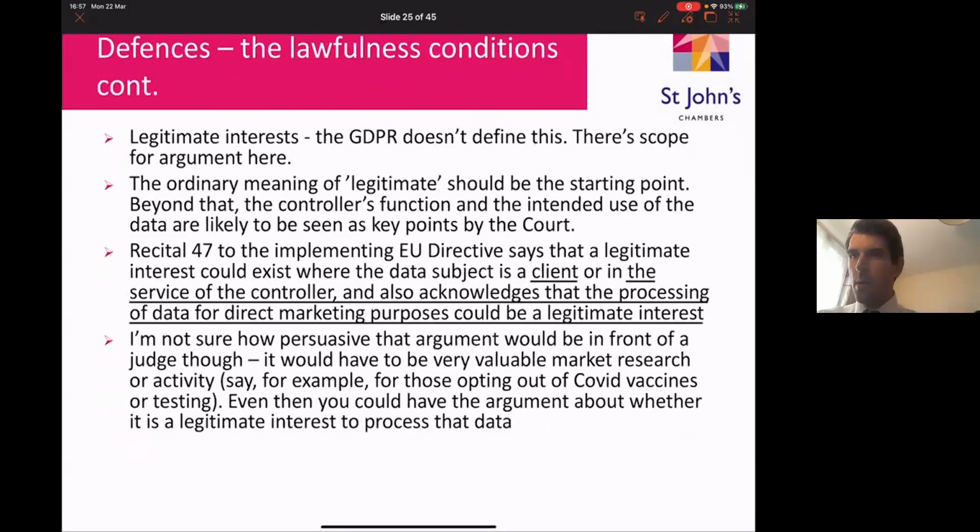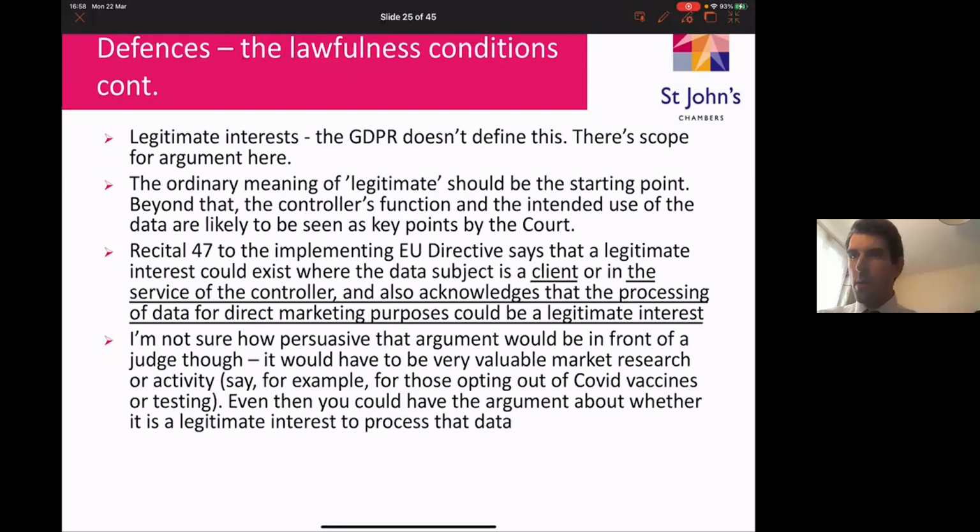Legitimate interest, as I've said, the GDPR doesn't define what that is. So there is scope for some argument there, but it seems to me that legitimate should be the starting point, and beyond that, what your controller does, what their function is, and the intended use of the data are likely to be seen as key points by the court.